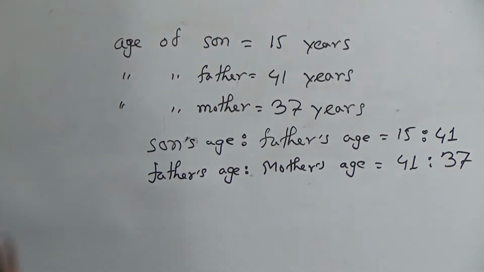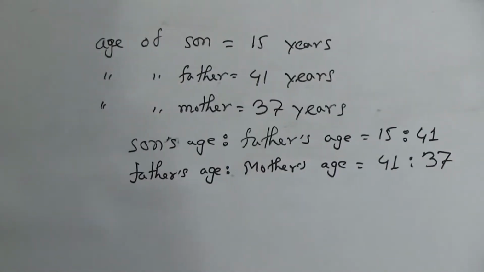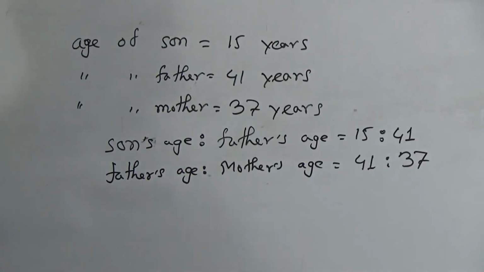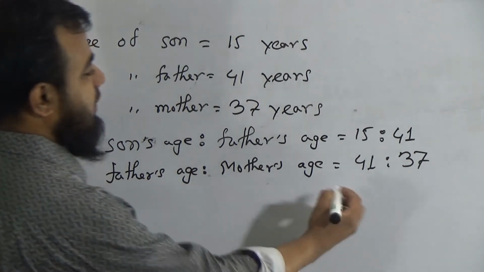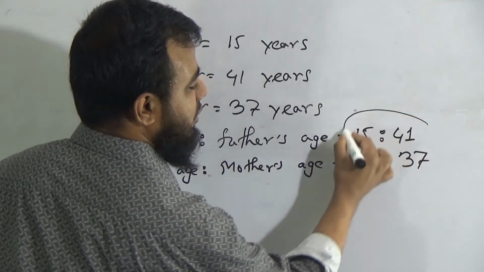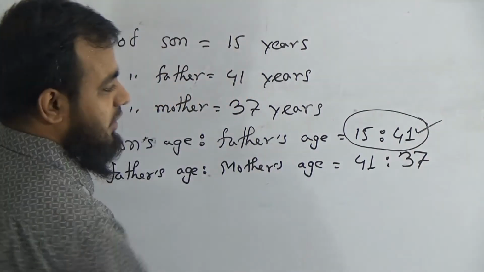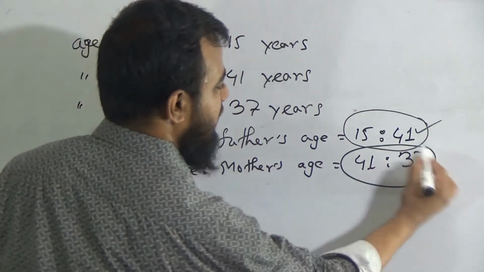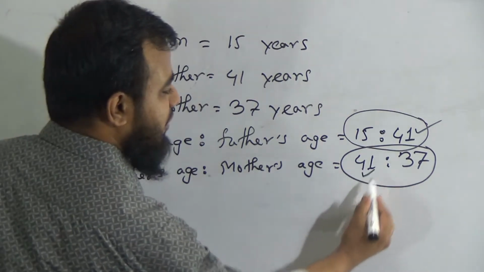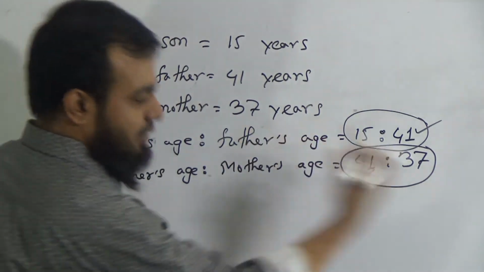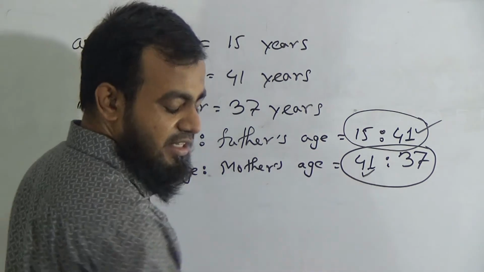Now look, my dear students, in a simple ratio the first quantity is called the antecedent and the second quantity is called the subsequent. In the first ratio the subsequent is 41, and in the second ratio the antecedent is 41. That means the first ratio's subsequent and the second ratio's antecedent are equal.